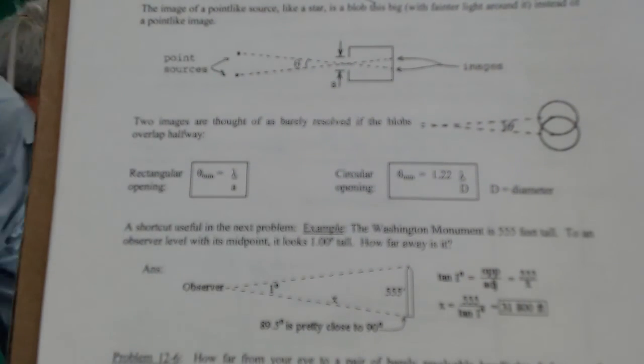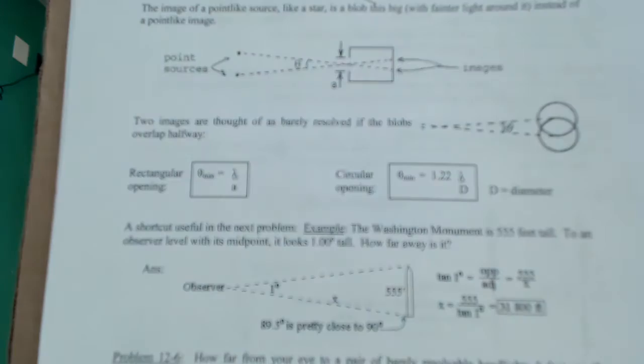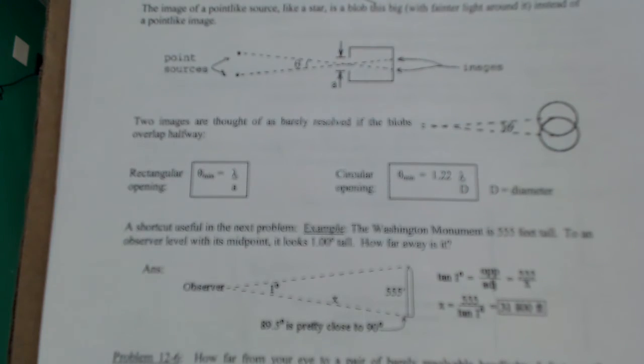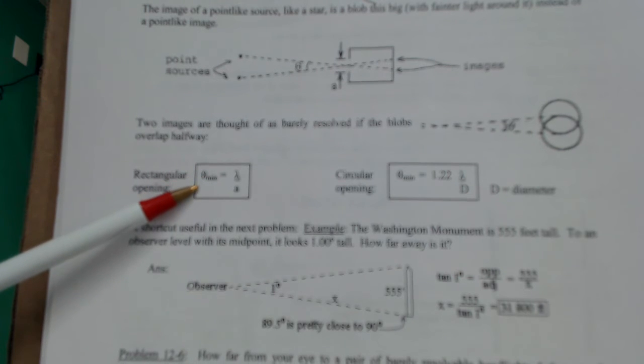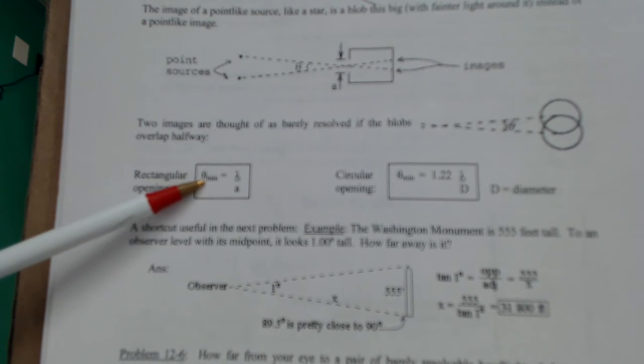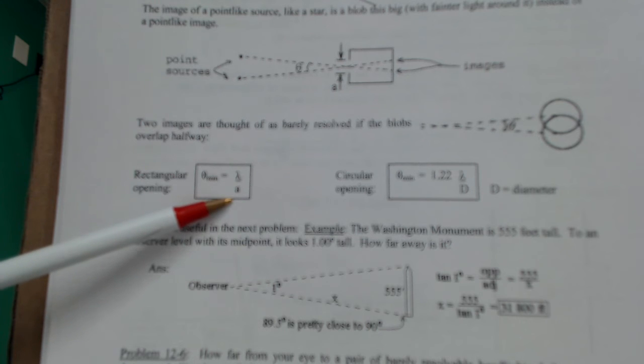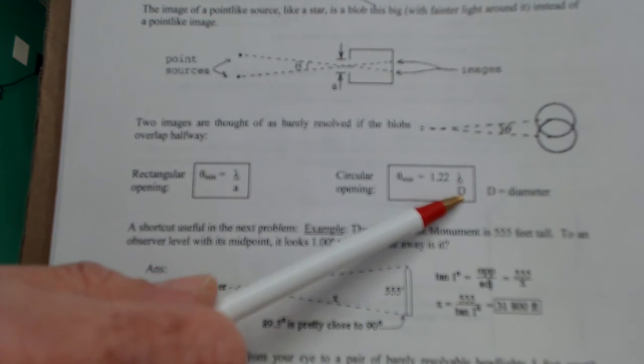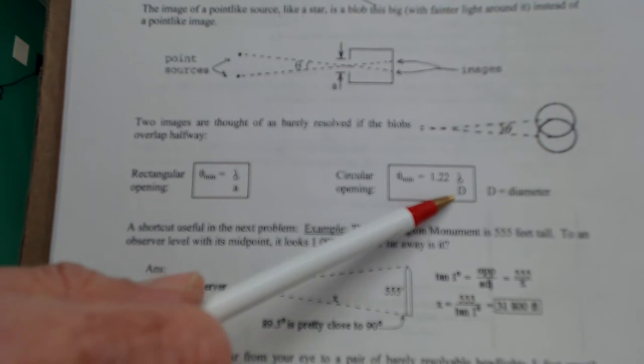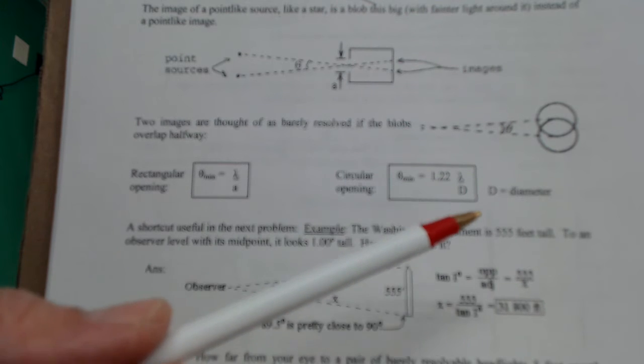And so if you have a rectangular opening, then the angle between barely resolved sources is lambda over A, where A is the width of the slit. D for diameter if it's a circular opening, and there's that factor of 1.22.